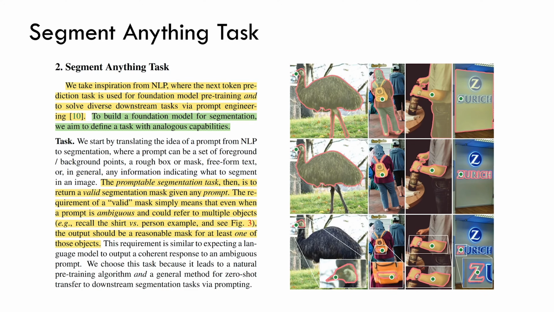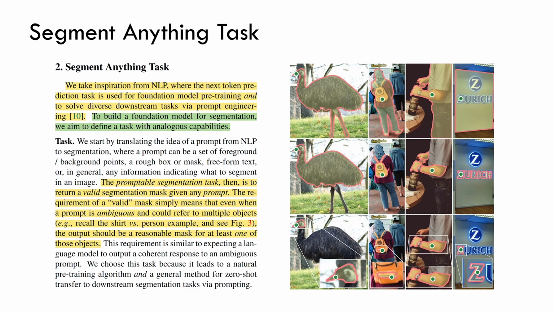And this prompt was made so that it can handle ambiguity. For example, if the single click that we make is referring to multiple objects, the model must return at least one mask that is reasonable for that click. So these are the requirements that the authors set for their model. We saw one ambiguous mask before, but here we can see another case.